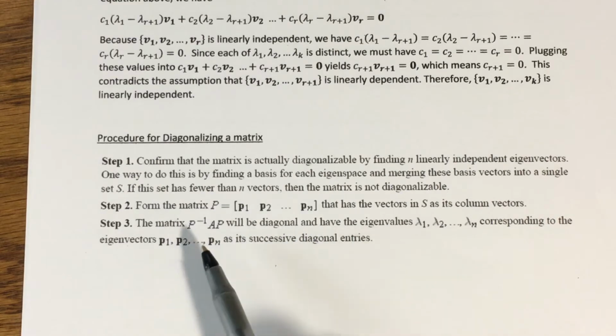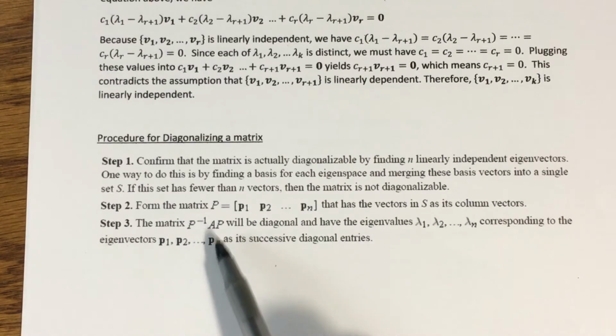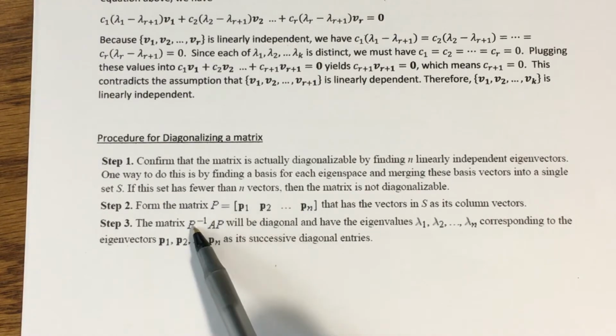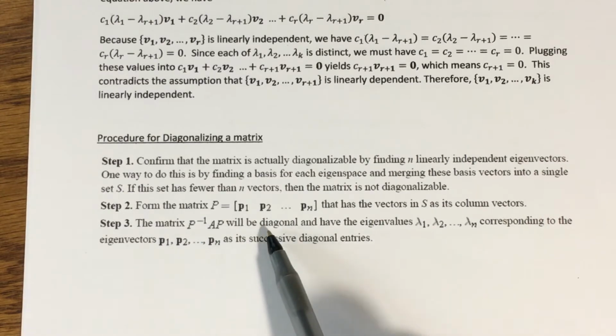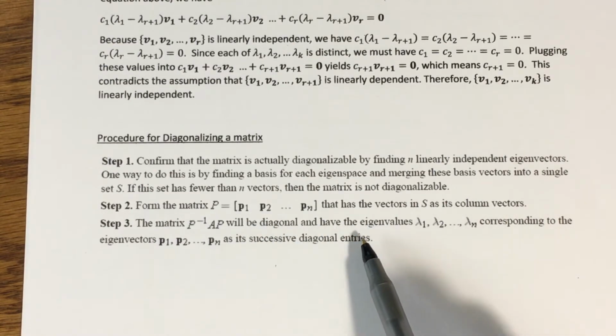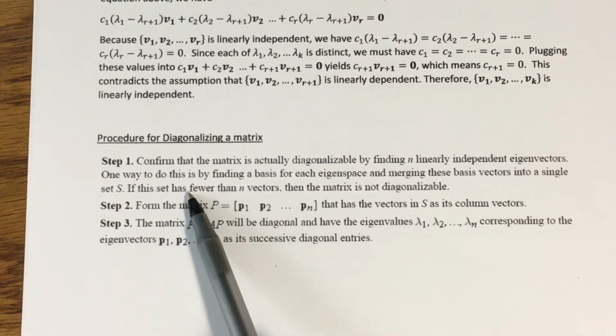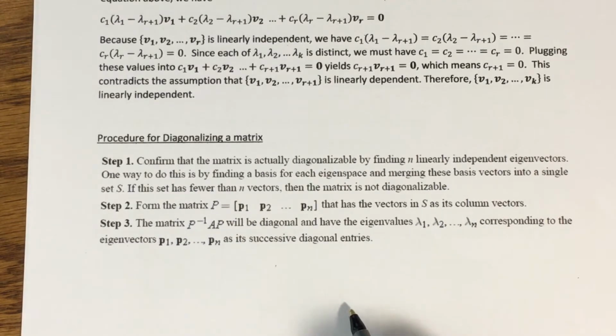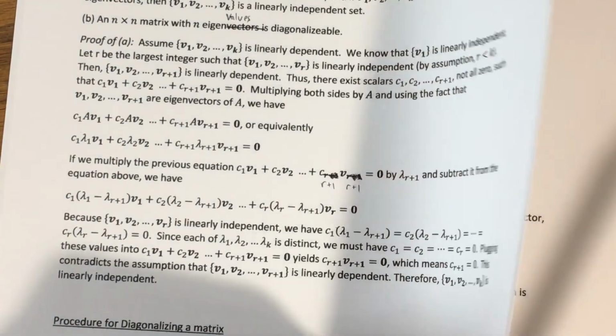Okay, and then if you want to compute the diagonal matrix that is similar to A, you find P inverse as well, and you multiply P inverse A P. That should give you your diagonal matrix D. Also, because of those similarity invariants, you're going to see that the eigenvalues that you've already computed for A are going to show up as the diagonal entries on that diagonal matrix. So let's make this a little bit more concrete with an example.